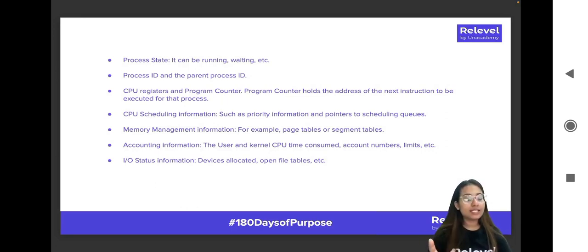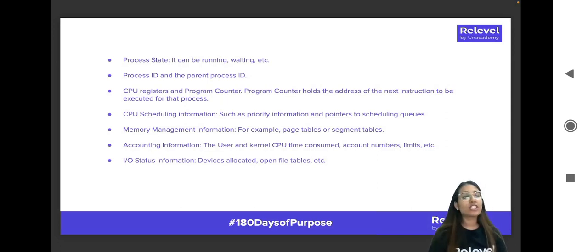Sometimes in process execution, there are priority processes as well. The information about those priority processes and the scheduling queues is stored in the CPU scheduling information. Segment tables, page tables, memory limits, and time limits all go under memory management information.